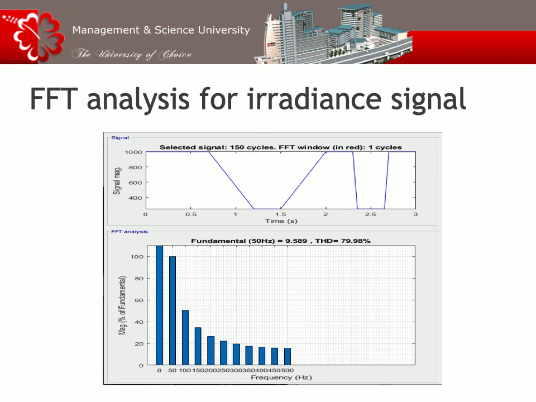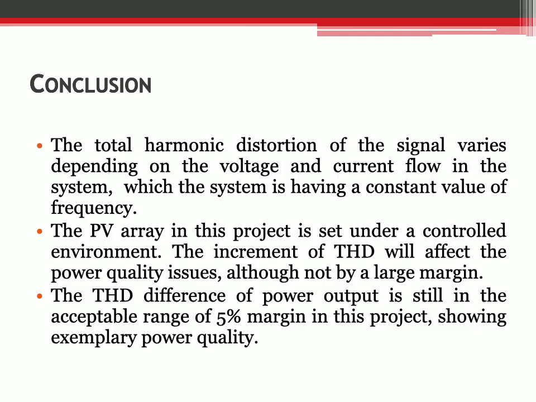So the conclusion: the total harmonic distortion of the signal varies depending on the voltage and current flow in the system, which is having a constant value of frequency. The PV array in this project is set under a controlled environment.